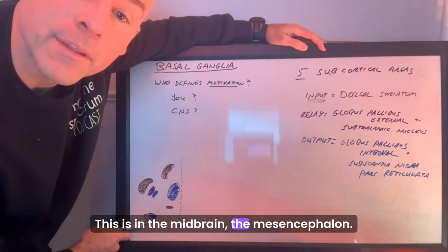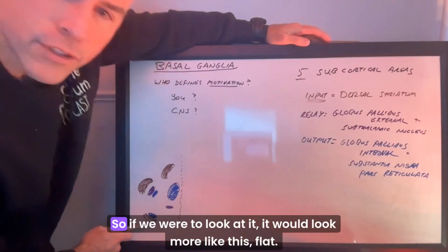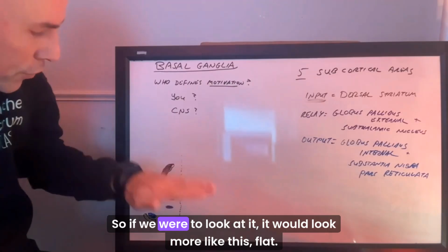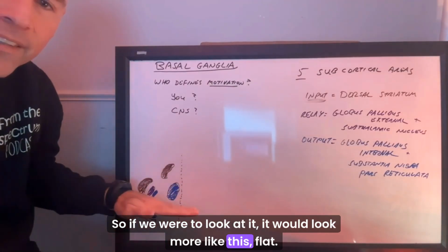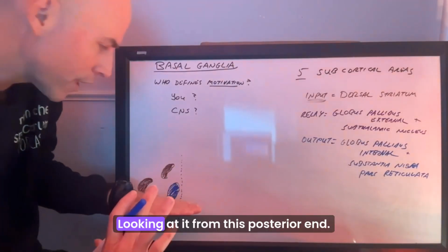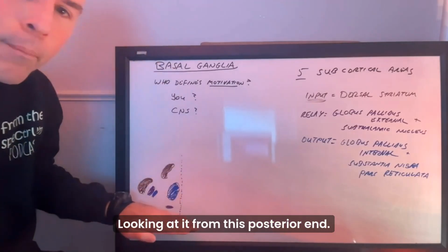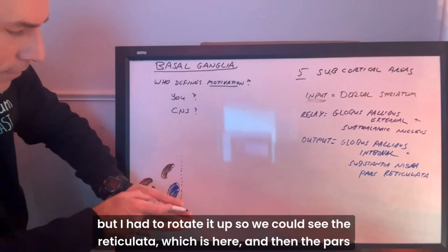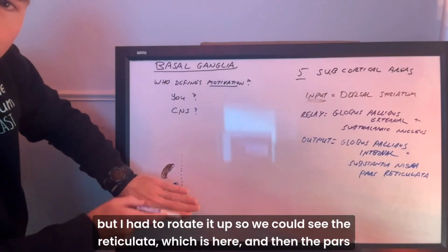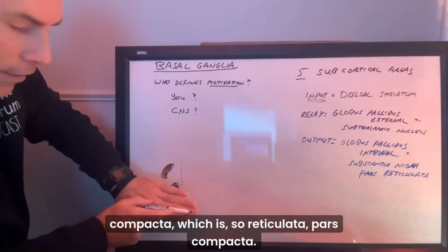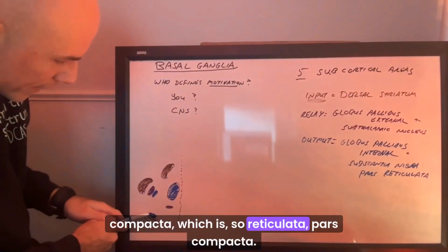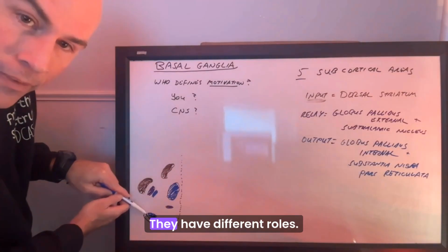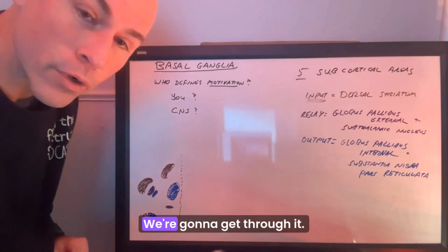This is in the midbrain, the mesencephalon. If we were to look at it, it would look more like this, flat, looking at it from this posterior end. But I had to rotate it up so we could see the reticulata, which is here, and then the pars compacta. They have different roles. We're going to get through it.